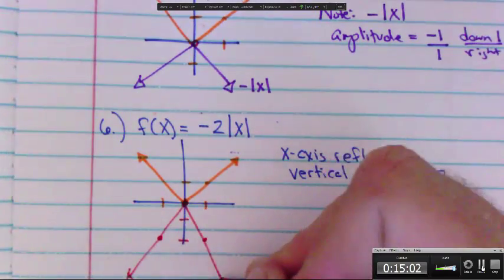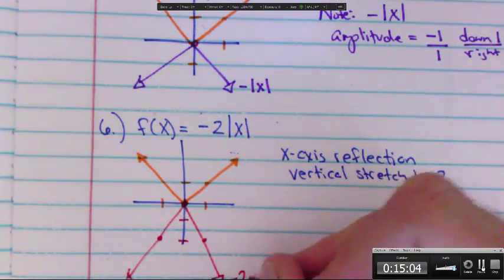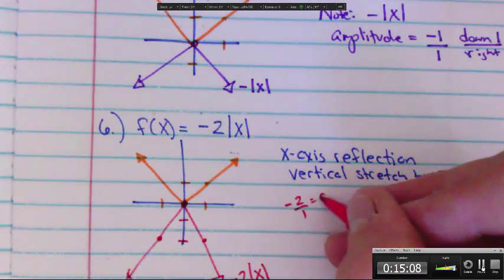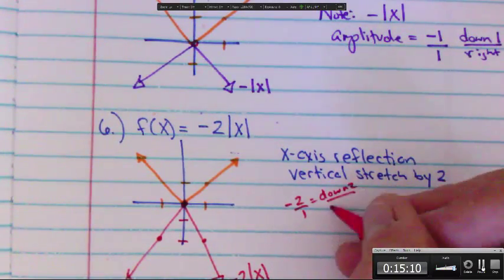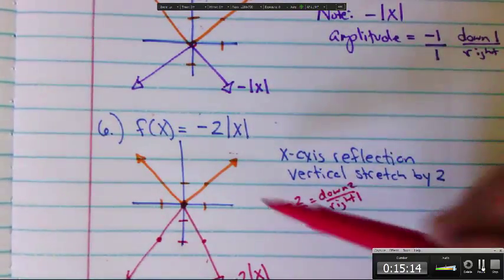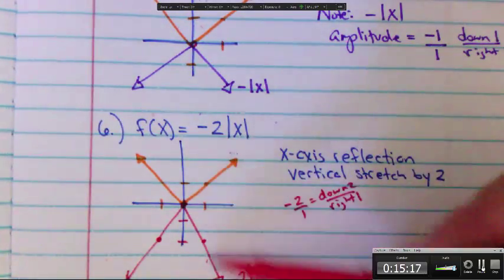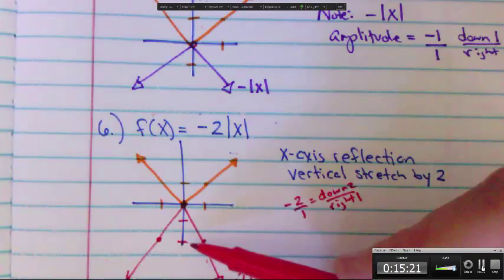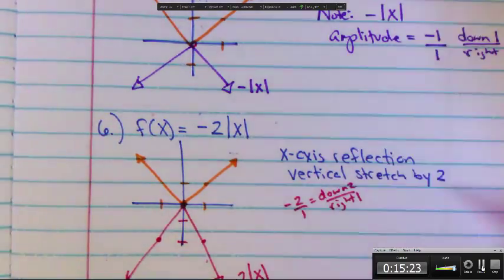So we're applying the same concept with amplitude. Negative 2 over 1. If you think about that, it's down 2, right 1. And then we do the mirror image of that. The negation tells you to open down. The 2 tells you how much to open down for that initial point, down 2 over 1, and vice versa.